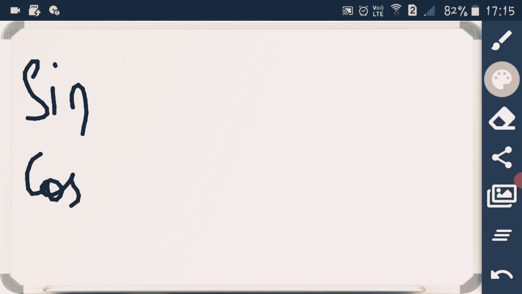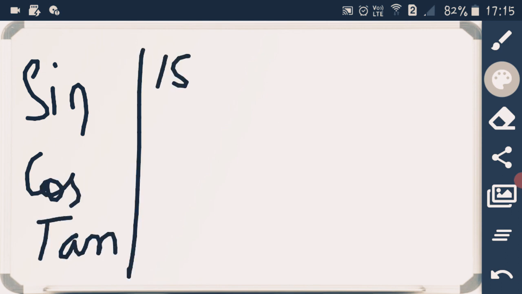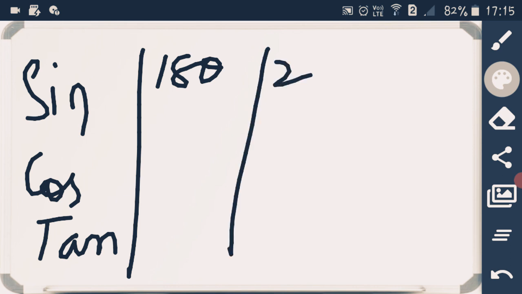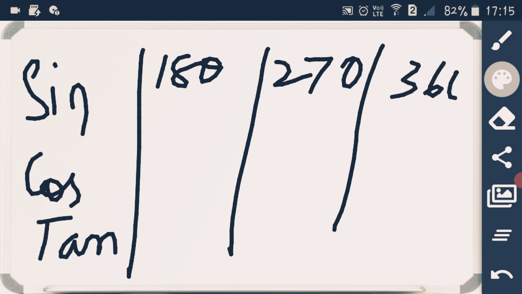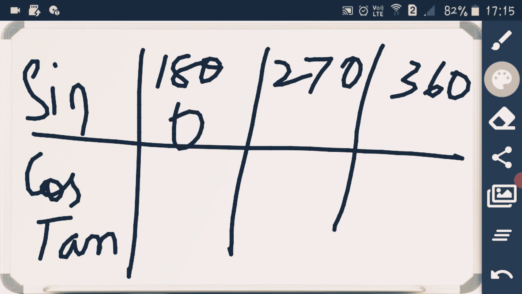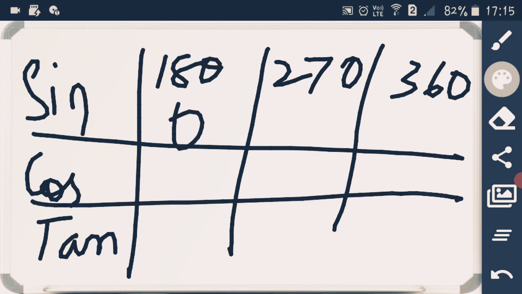Now if I take sine, cos, tan for the bigger values, that is 180, 270 and 360, let me tell you what will happen. Sine 180 is 0, cos 180 is minus 1, and tan 180 is 0.